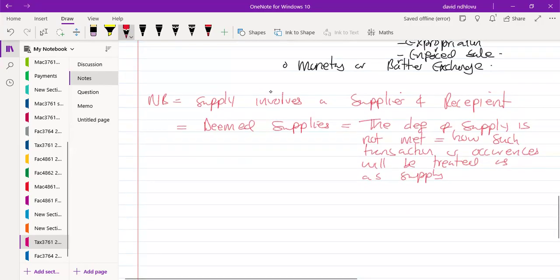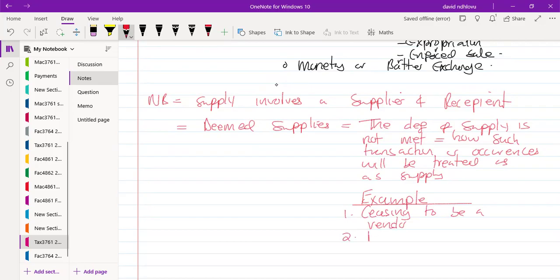So under this section, we have what we call, number one, ceasing to be a vendor. Number two, deemed supply. Not deemed supply, indemnity supply.